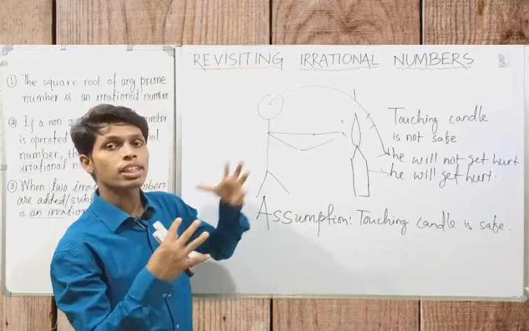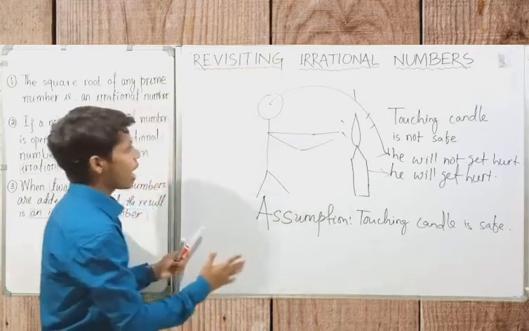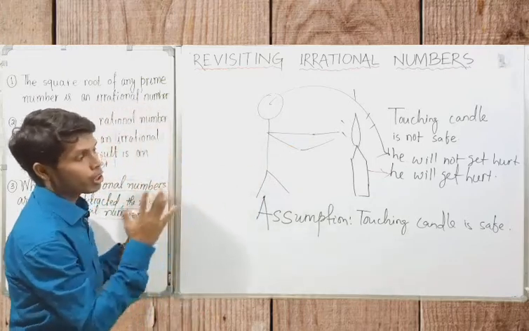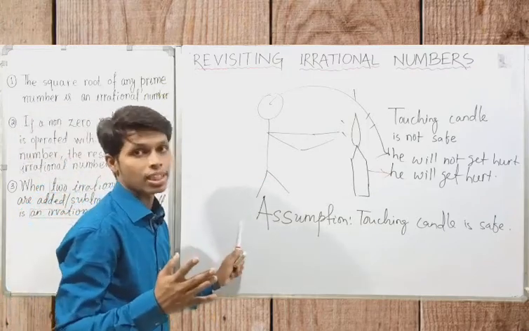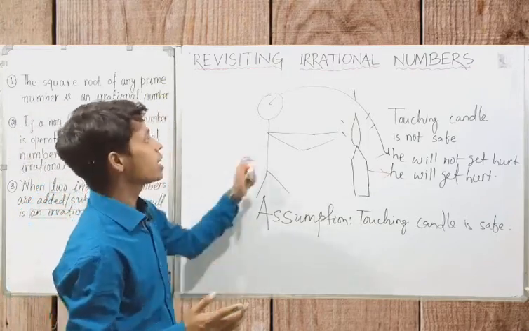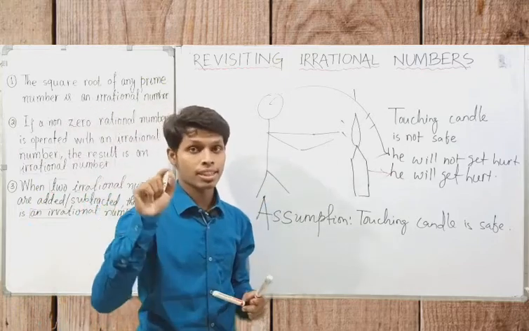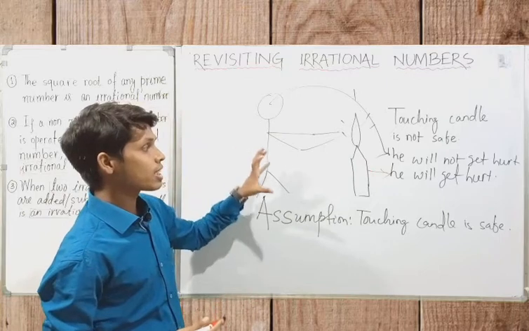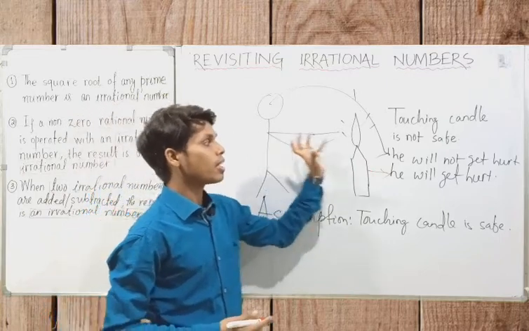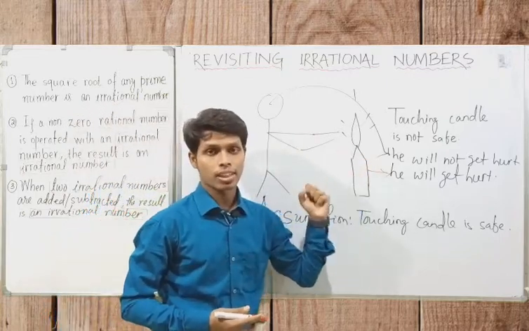So these two things oppose each other, and he thinks that whatever he assumed at first was wrong, and his elder brother or sister, that's you, is correct. Yes or no? So this simply explains the method of contradiction.